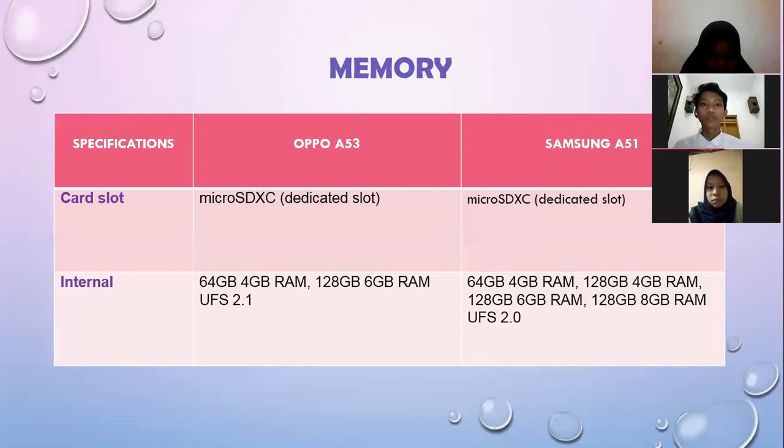And Samsung: 64 GB, 4 GB RAM, and 128 GB and 4 GB RAM, and 128 GB 6 GB RAM, 128 GB 8 GB RAM, and UFS 2.0. The internal capacity of Samsung is bigger than Oppo.